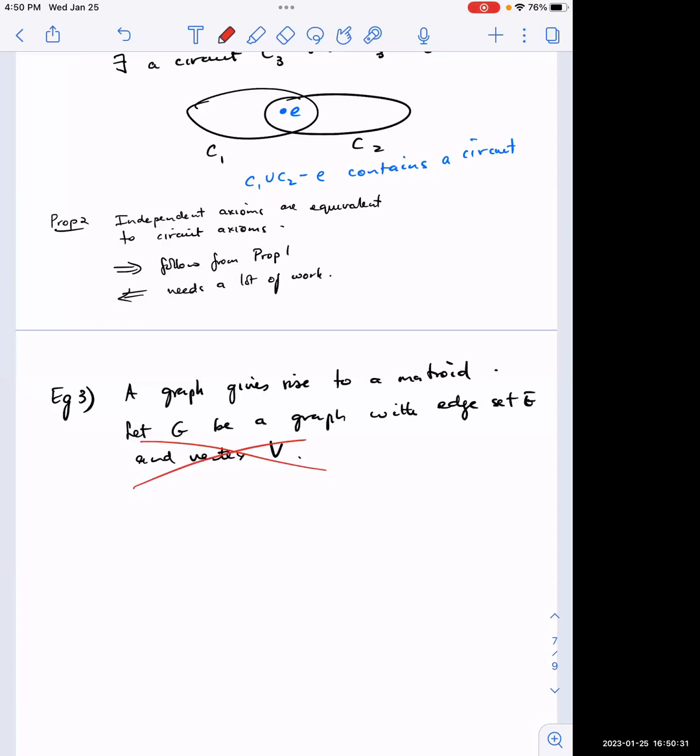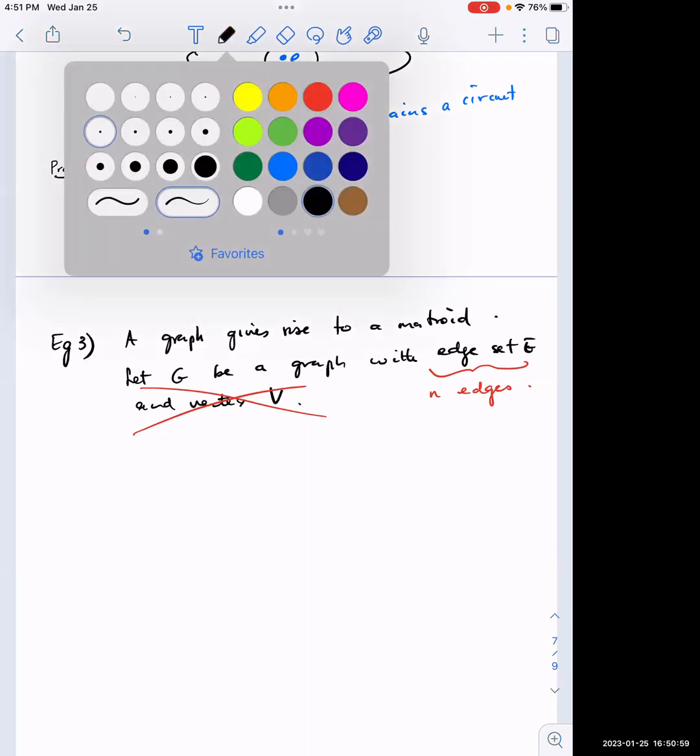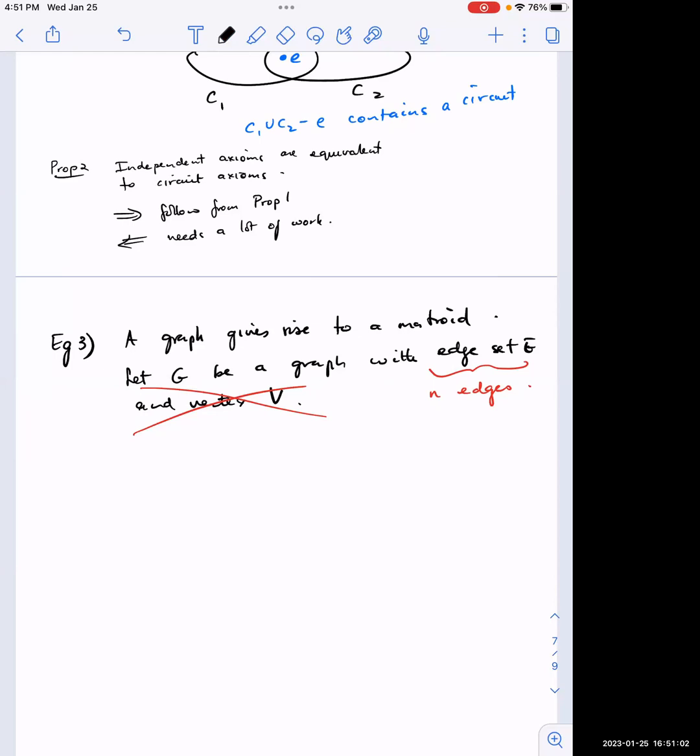In matroids, the matroid perspective of a graph doesn't see vertices. They're there, but they don't play any role. And our edge set has n elements. Usually our edge set has m elements, and n is the number of vertices. So something to keep in mind here. Our edge set will have n elements, n edges in our graphs throughout when we're doing matroid theory.